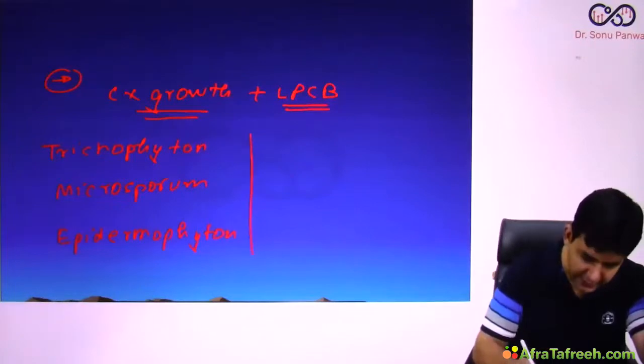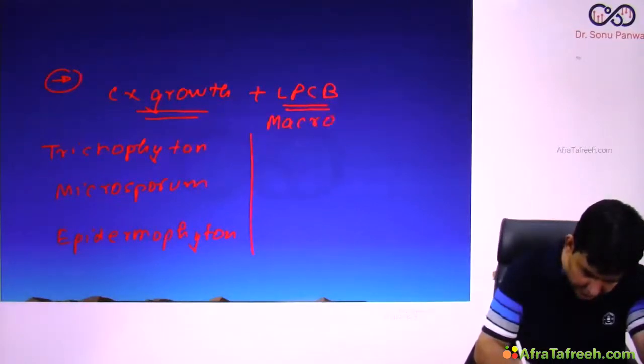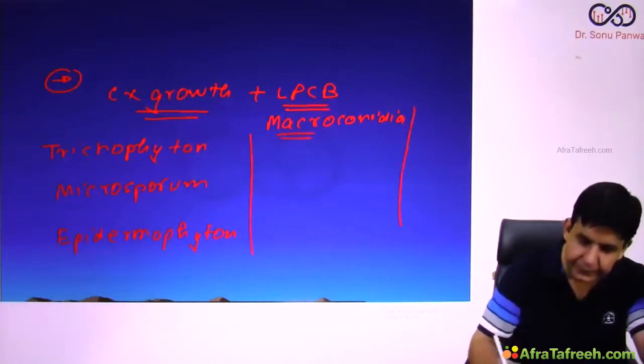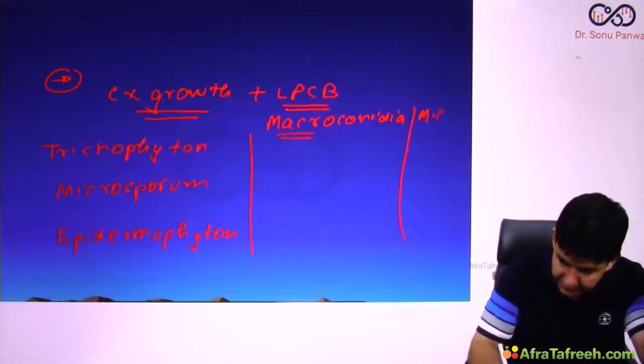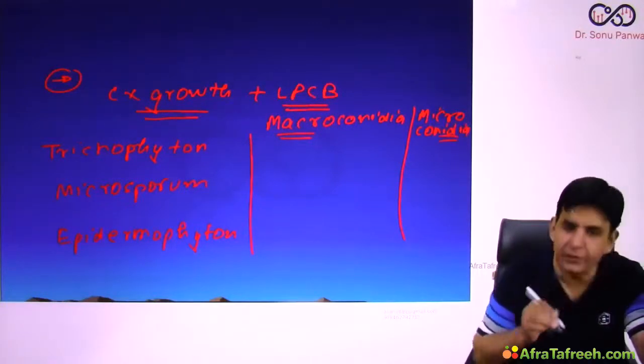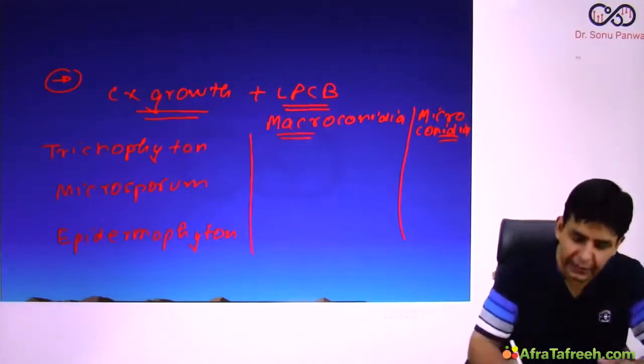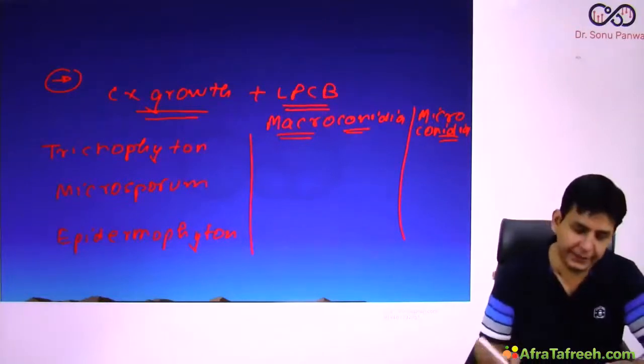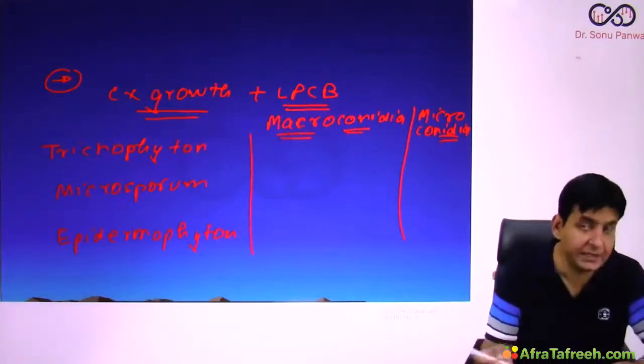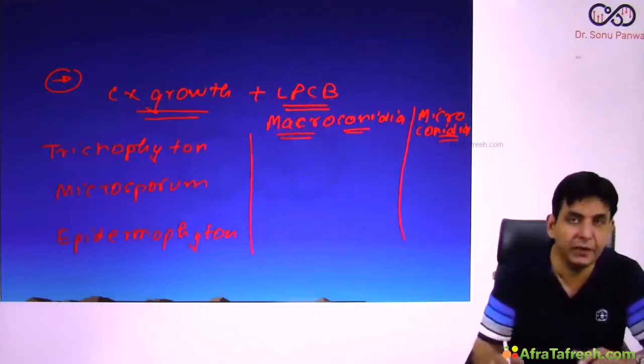What are those points? Like for macroconidia, like for microconidia, you will observe these things under the microscope. Conidia, macroconidia or microconidia. I have already told you what is macro: macro means a big spore, micro means a small spore.